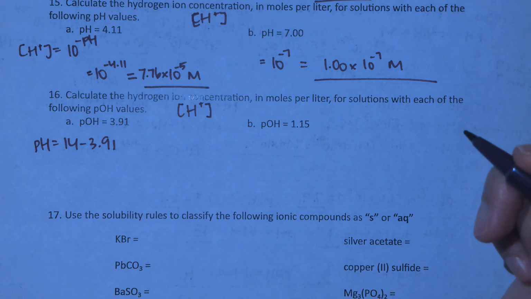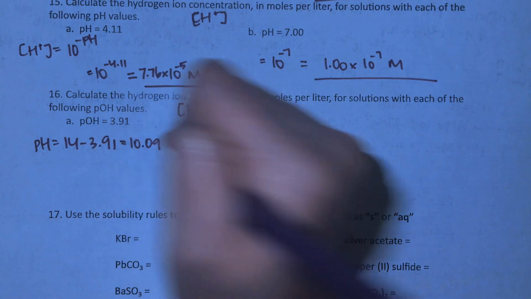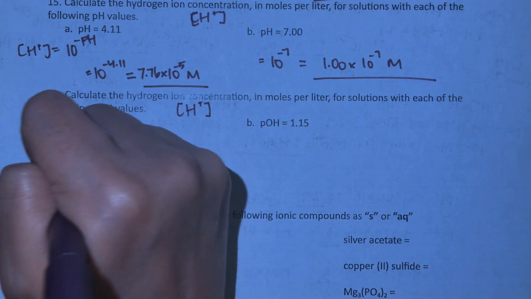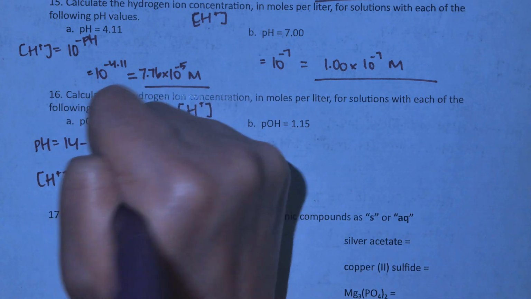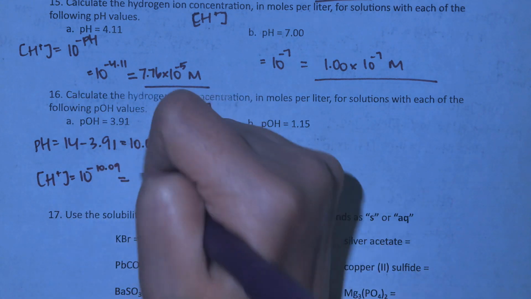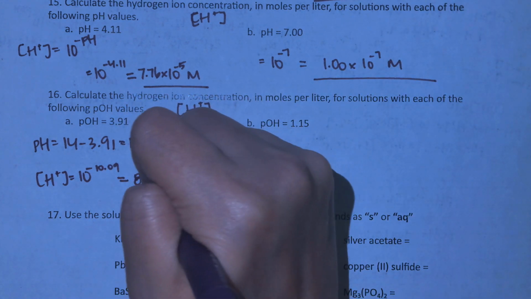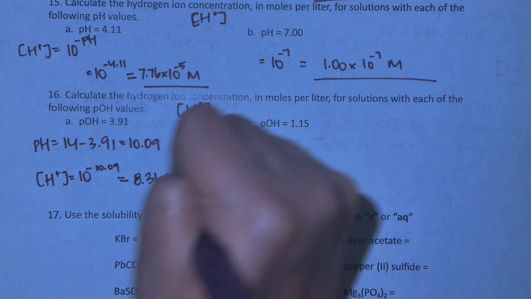So 14 minus 3.91. That'd be 10.09. And then we plug it into the H formula, 10 to the negative 10.09, which equals 8.31 times 10 to the negative 11.